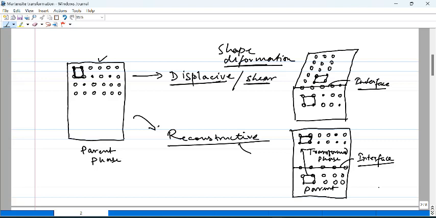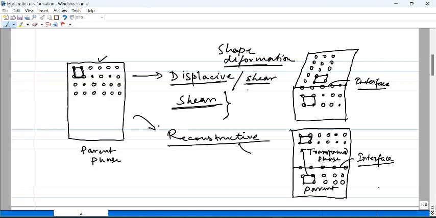Okay, and that is what we are going to talk about while talking about Martensite transformation also, because whenever we talk about Martensite transformation, this shear term would always come, the shear mechanism of this phase transformation, right? So the origin of the shear term is this, because here you could see some displacement of the atoms leading to some kind of shape deformation, right?